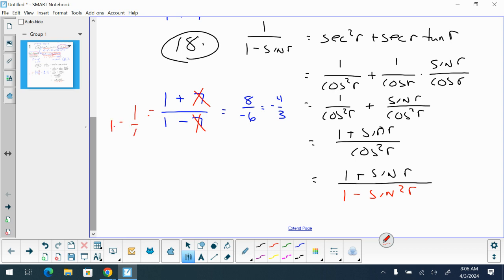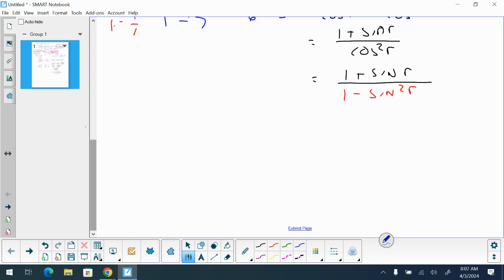Can we do it? No, we cannot cancel these things out when we have addition and subtraction. If we had multiplication in there, yes, we can cancel. But with addition and subtraction, we can't cancel. So we can't just cancel out a sine. We had to turn this into the multiplication world.